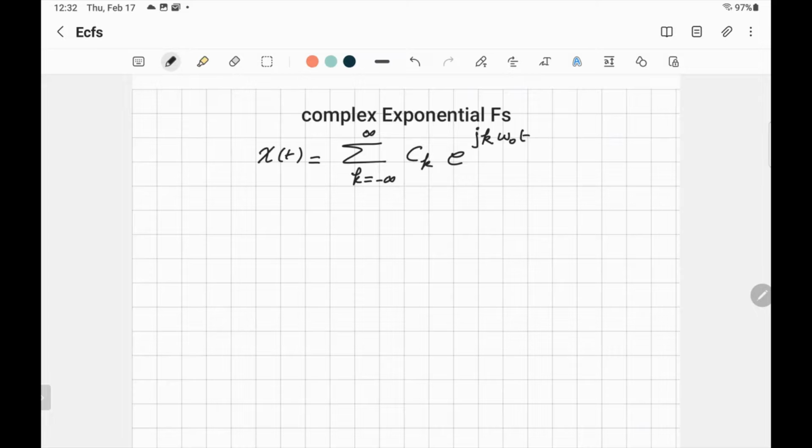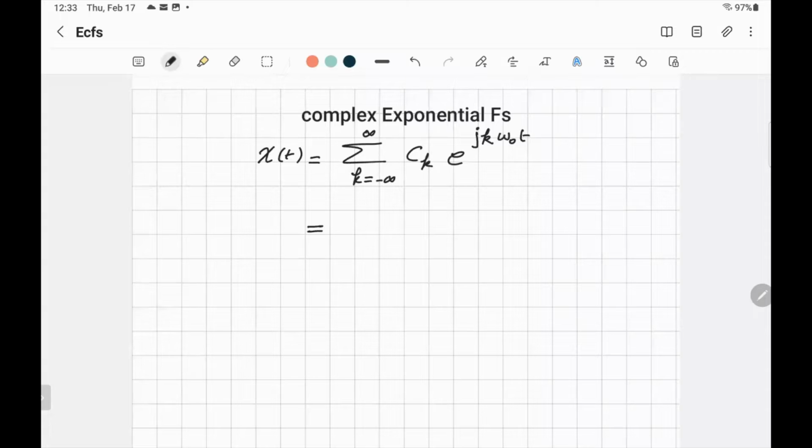This is the expression. As you see, it's simple and has only one term, but it's preferred to separate c naught, when k equals 0, to avoid any error.